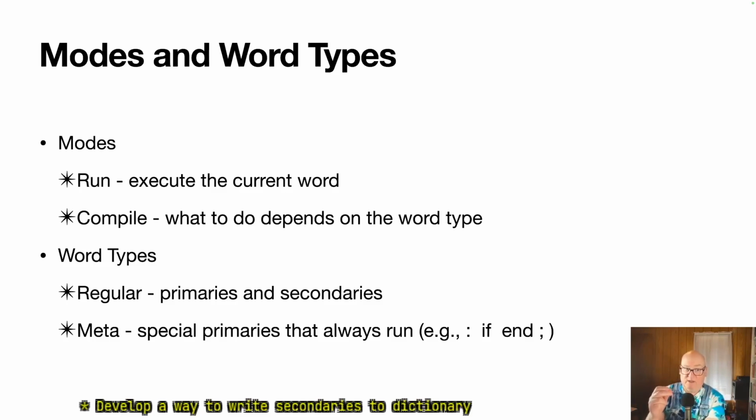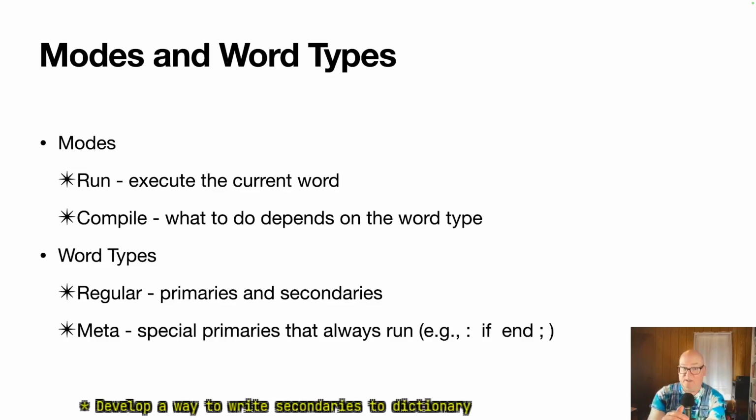They're sort of special primaries that always run even in compile mode. So normally in compile mode, you're in the middle of building a secondary, which is a list of routines, and compile mode says, okay, go find the next word, take its address, and put the address on that list. But if you get these meta words, they're going to say, no, I want to decide what to do.